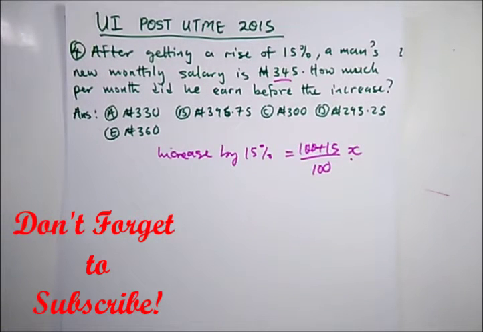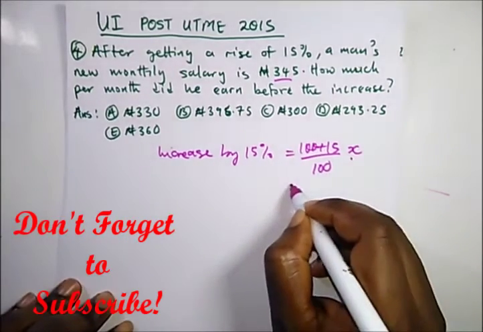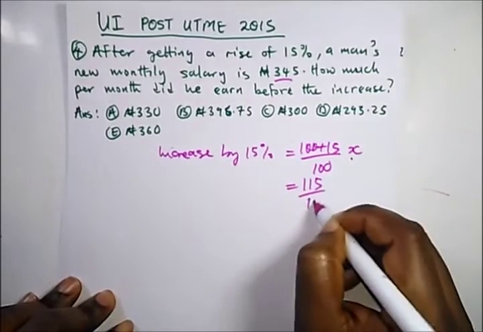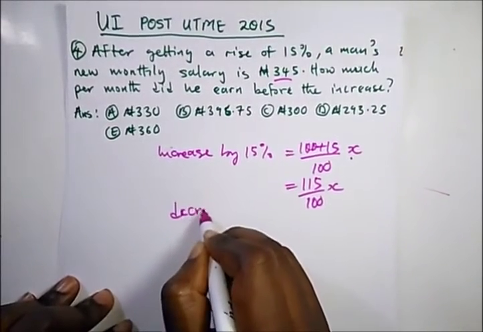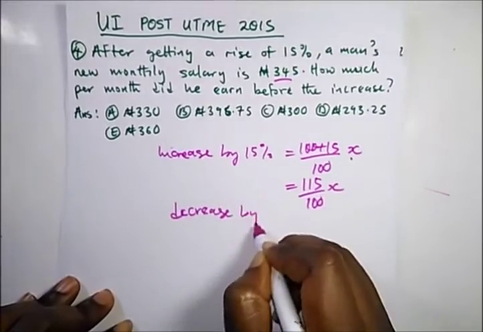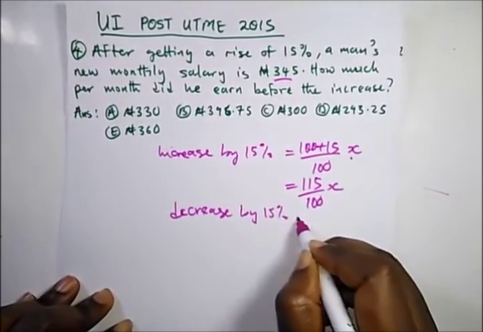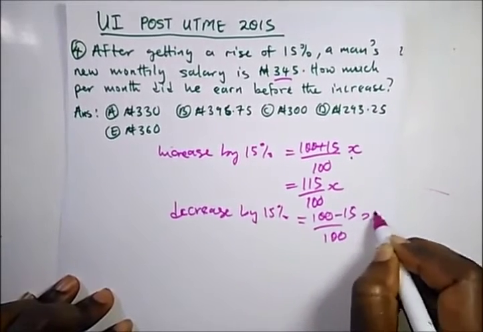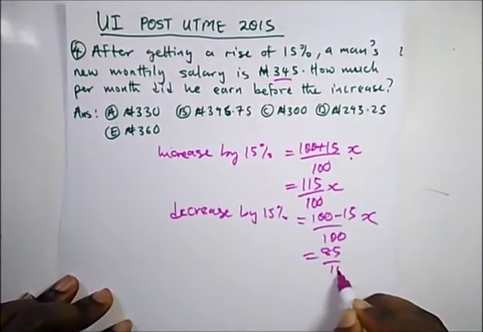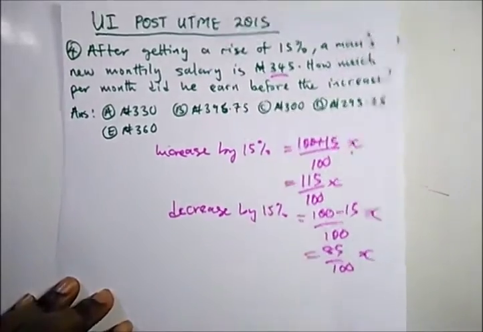In other cases, it could be something else. So here, it is 115 over 100x. And if it is a decrease, let me do this so I can remind you. A decrease by 15% is 100 minus 15 over 100x, which is 85 over 100x. Just take note of this.